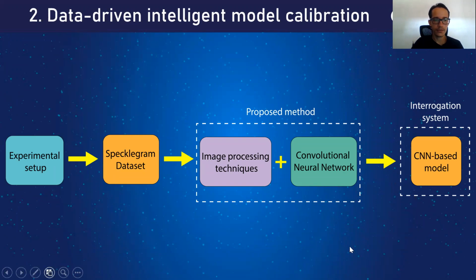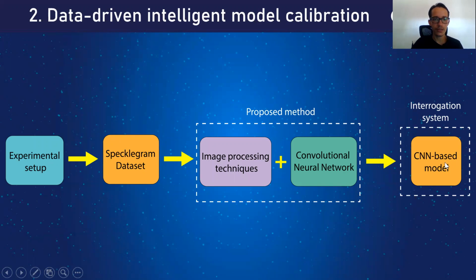In this sense, this work proposes a fiber specklegram strain sensor based on a model trained through a convolutional neural network. The training is carried out using a dataset composed of specklegrams previously processed through image processing techniques.